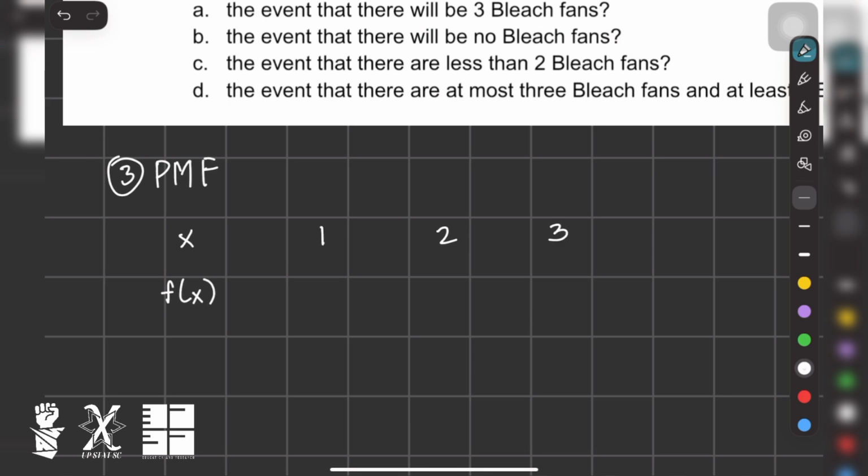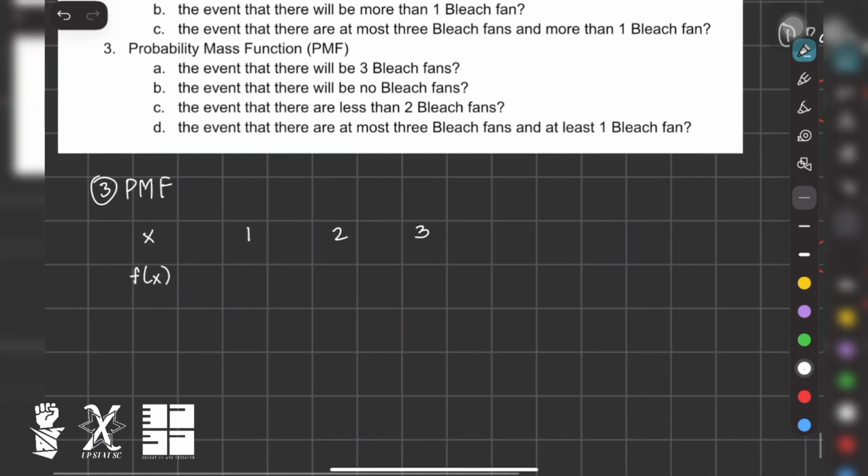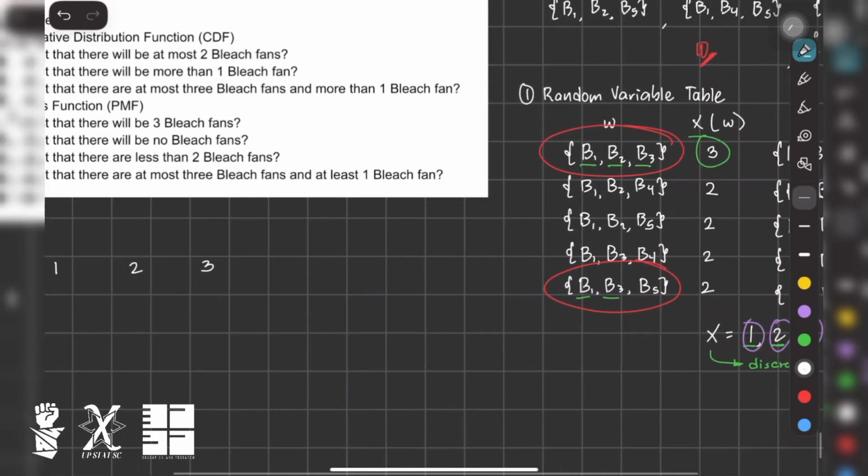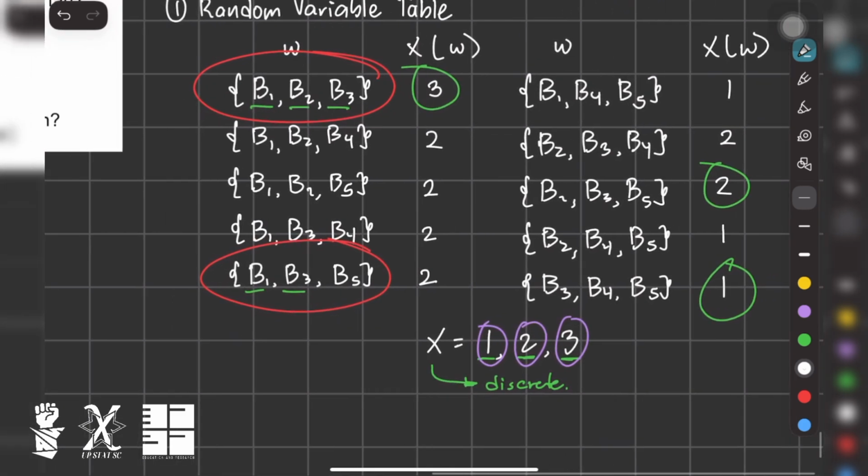Now, what is your f of x? In the probability mass function, we are trying to get the probability that a random variable is equal to a mass point, where your mass points are 1, 2, 3. For example, when we look at the mass point 1, how many samples have the random variable equal to 1? We have 1, 2, 3.